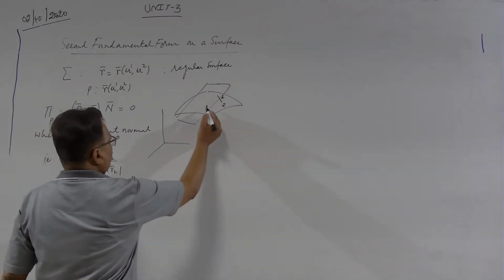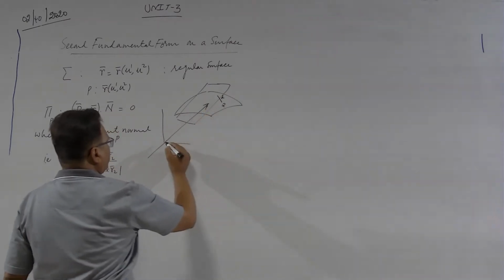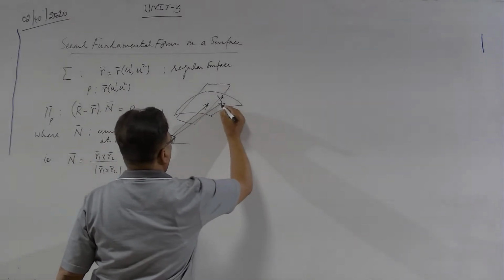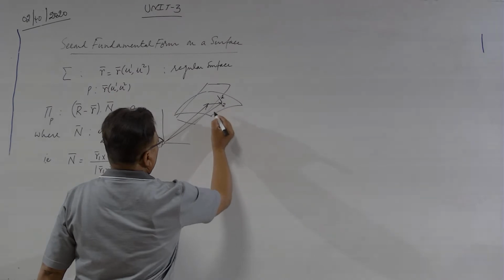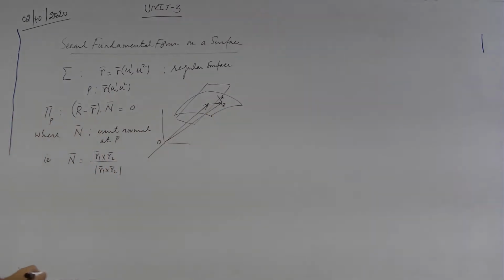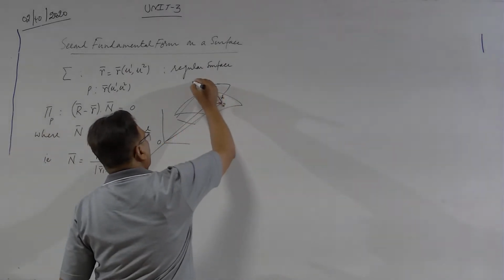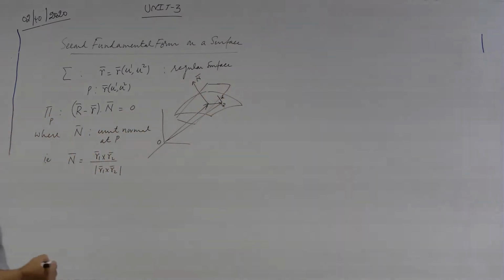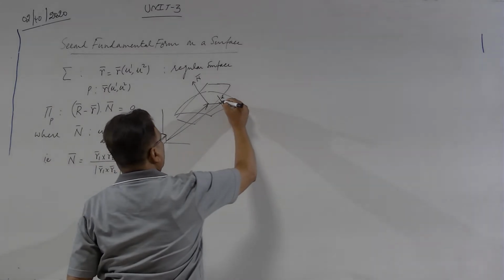Now, look what we will be doing. Let me join these points P and Q from the origin of my coordinate frame. If I join the points P and Q, then PQ is a vector. Now draw the normal n also. This is the unit normal n. If you want to draw the same normal from the point Q, it will go like this.